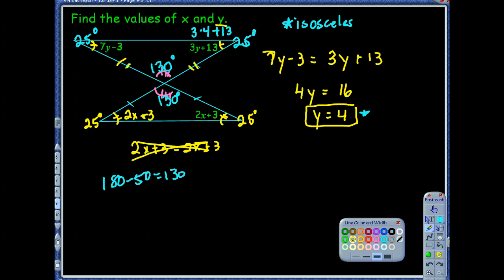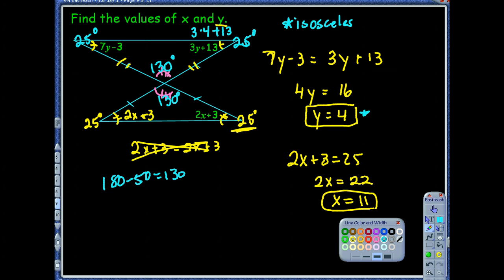Now, if you don't see that, you could still find the value of x without finding these angles down here. But knowing that these are 25, how do you find x? 2x plus 3 equals 25. So 2x is equal to 22, so x equals 11.